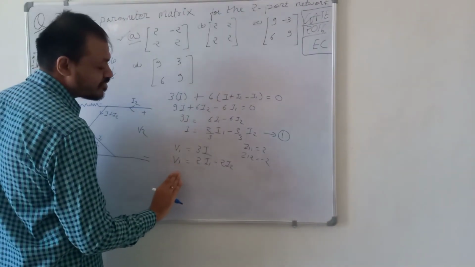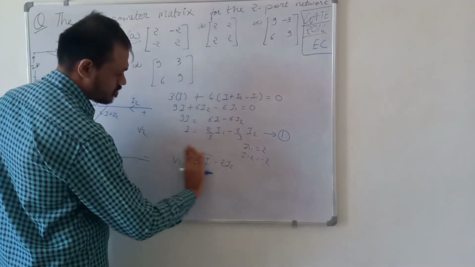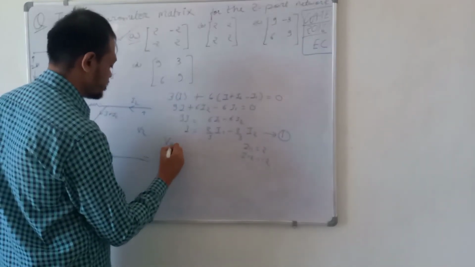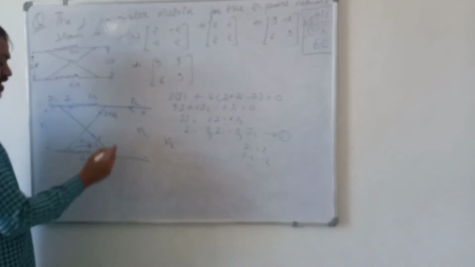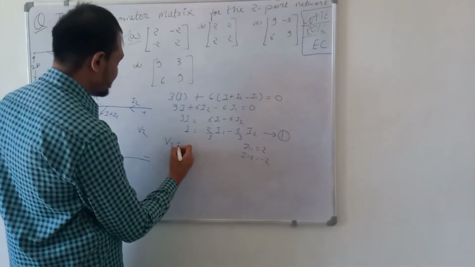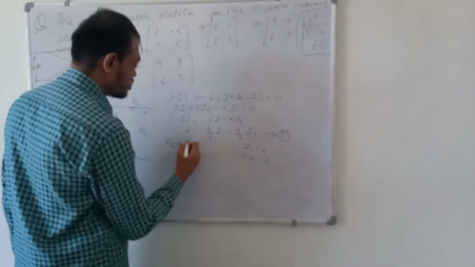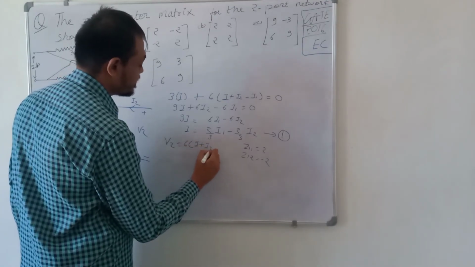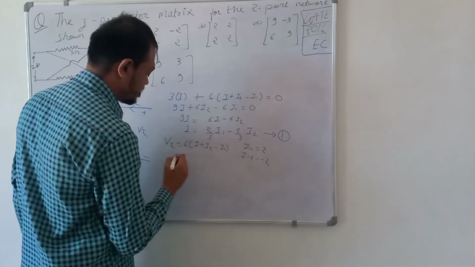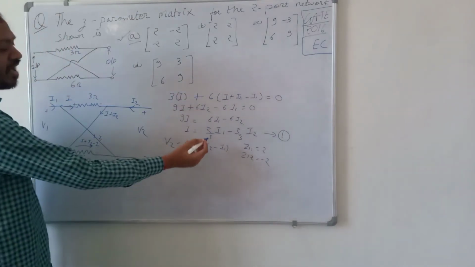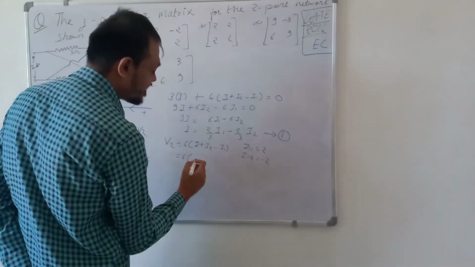So if we want to find V2, V2 is across this 6 ohm resistor. So V2 is equal to 6 of I plus I2 minus I1. Now I is 2 by 3 I1 minus 2 by 3 I2.